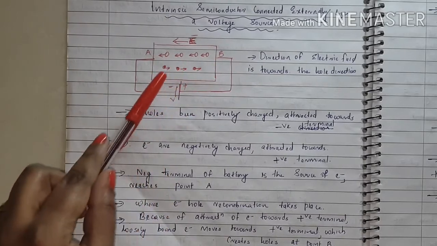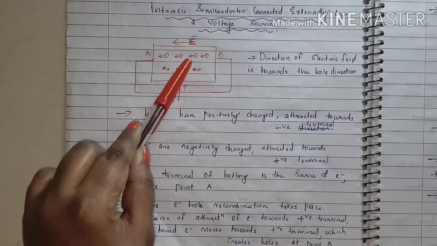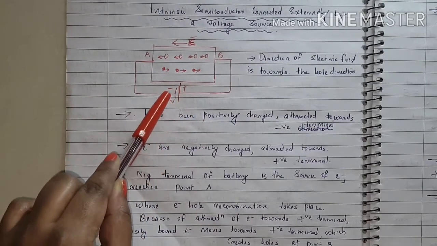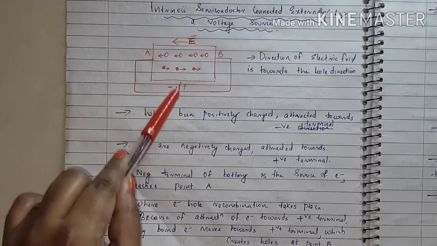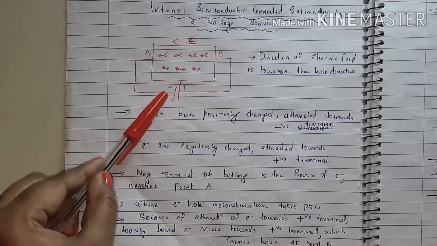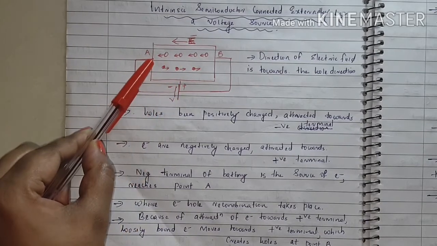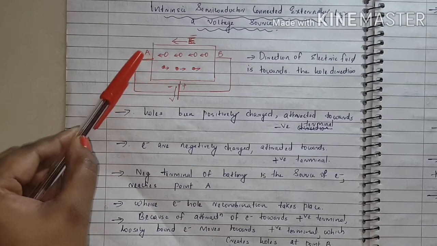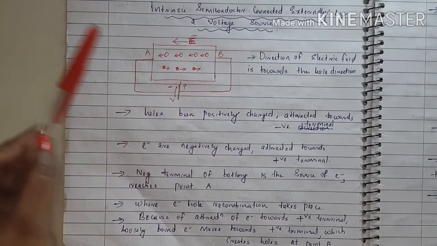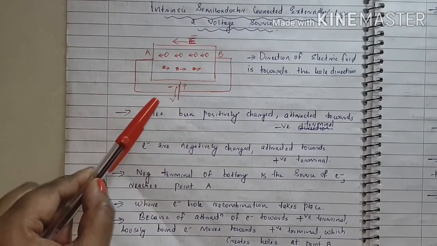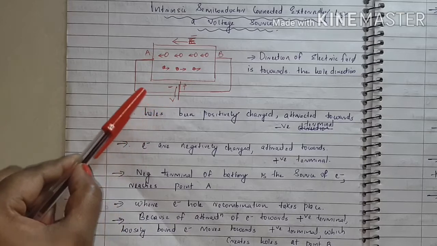So the holes always try to get attracted towards the negative terminal, and electrons get attracted towards the positive terminal. The negative terminal is the source of electrons, which reach point A and recombine with holes, and loosely bound electrons get attracted towards the positive terminal, leaving behind holes at point B. These holes move towards the negative terminal, reaching point A, and again recombine with electrons from the negative terminal.